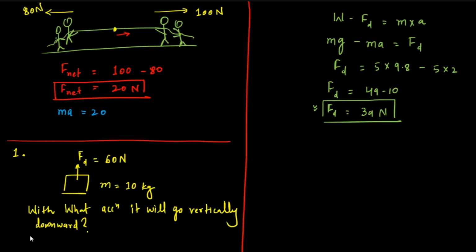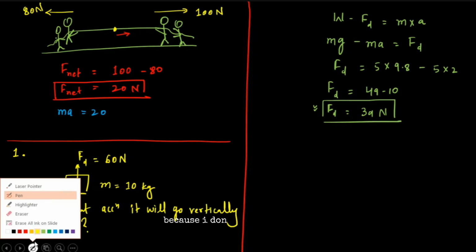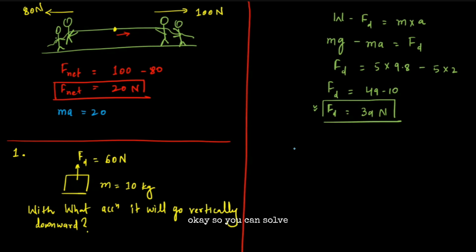It's at 3.8. Let's verify because I don't know the answer. But yes, we can solve. That is going downward definitely. So mg minus fd is going to be ma. Let me take g as 10, or if it is 9.8, it doesn't matter. 10 basically helps in calculation, makes it easier.